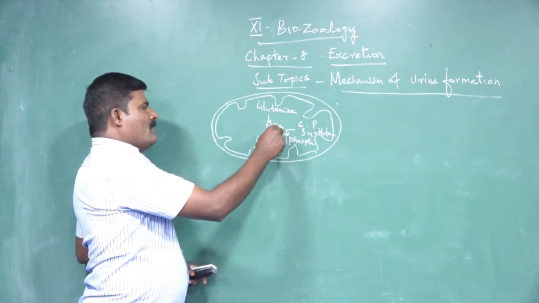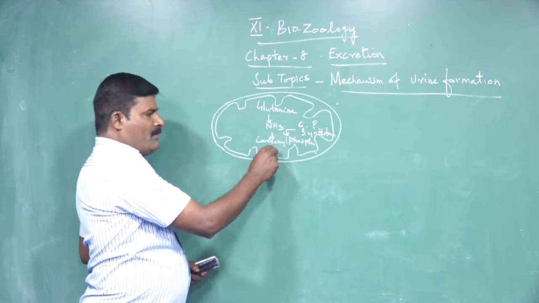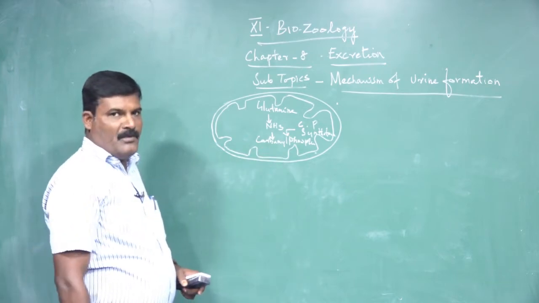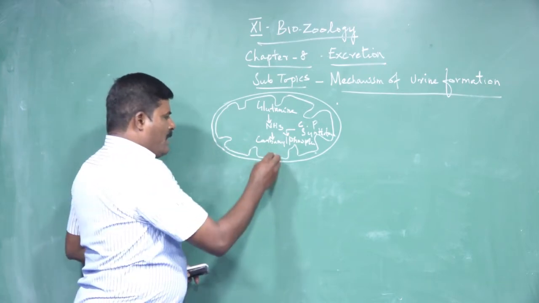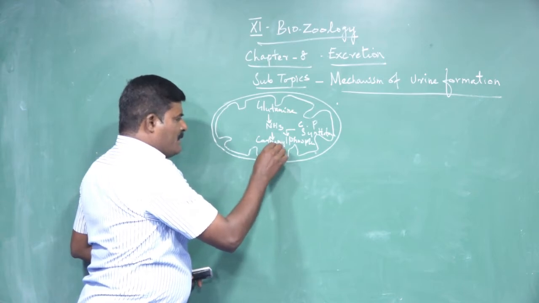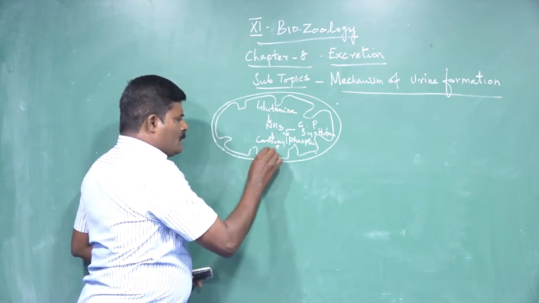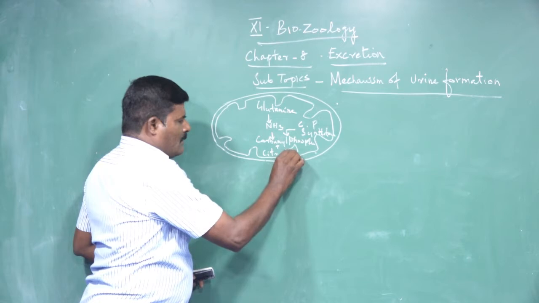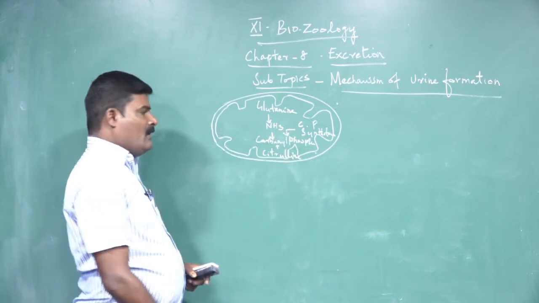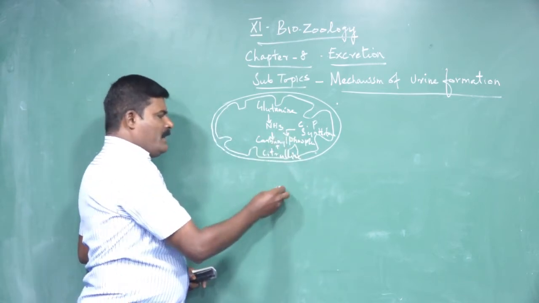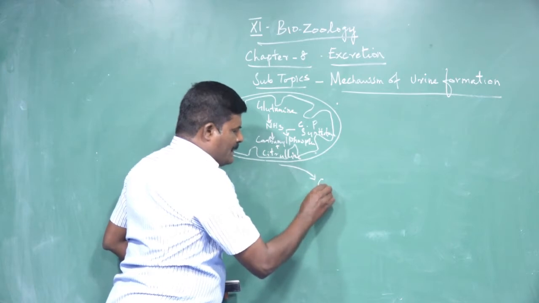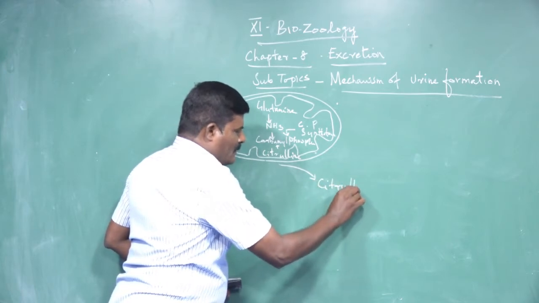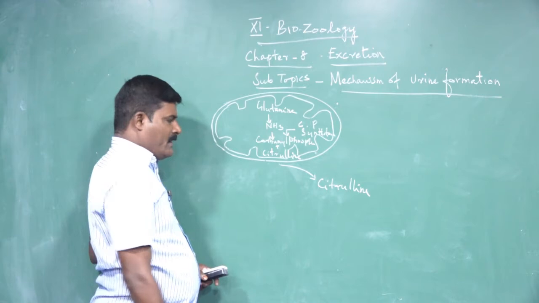The ammonia, in the presence of carbamyl phosphate, ATP molecules and carbon dioxide, forms carbamyl phosphate, which combines with ornithine to form citrulline.